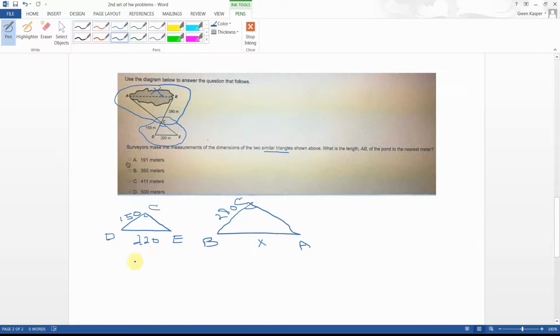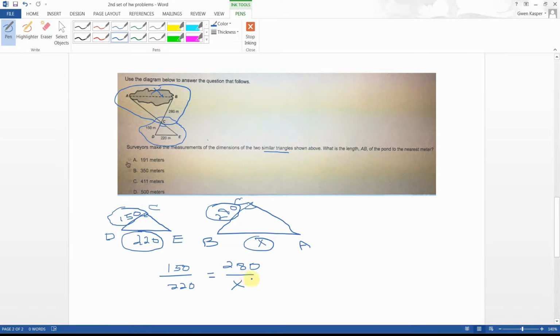The sides are in proportion with similar triangles. So that means this side, 150, the ratio 150 over 220 is going to equal this ratio 280 over X. 150 to 220 equals 280 over X. That's what it means when it says the sides are proportional.